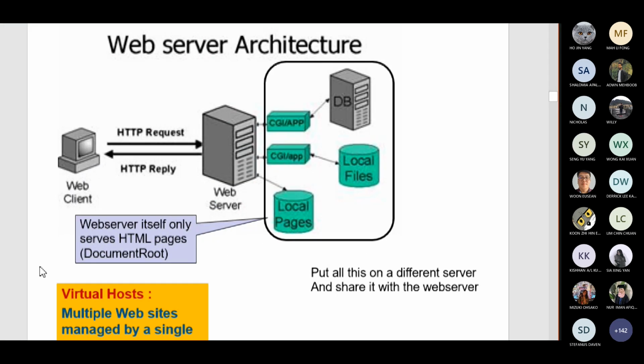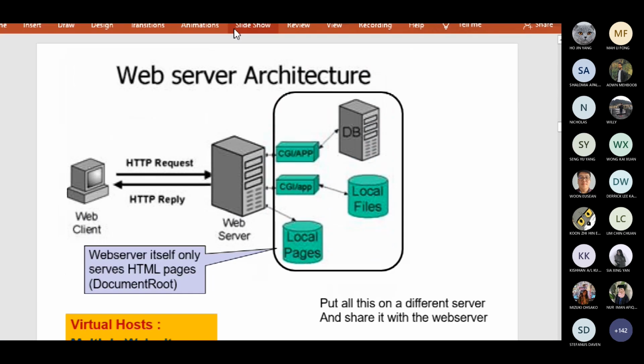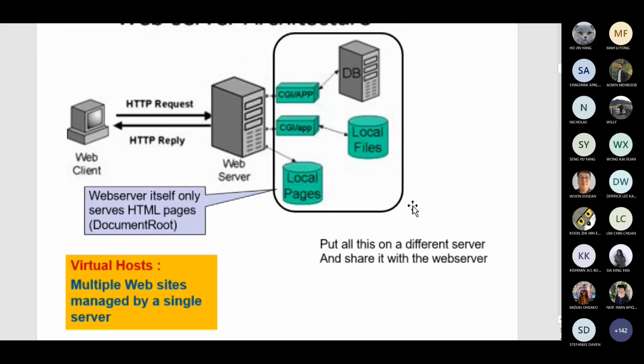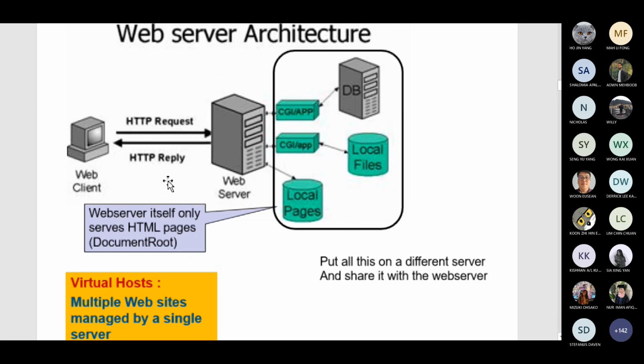So the idea of 3.2, well, actually, the idea of 3.1 is that we set up a separate server with this all together. And then in 3.2, we take this and share it with our main web server across the network.